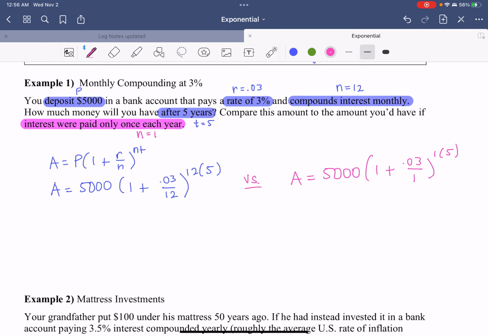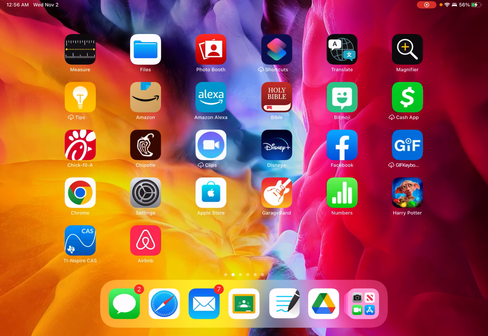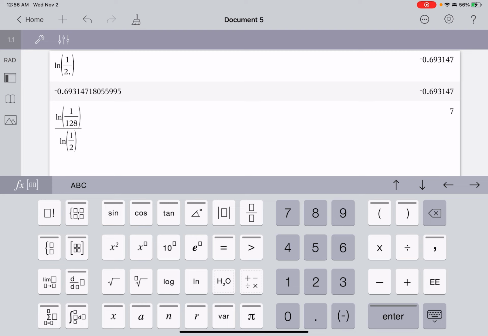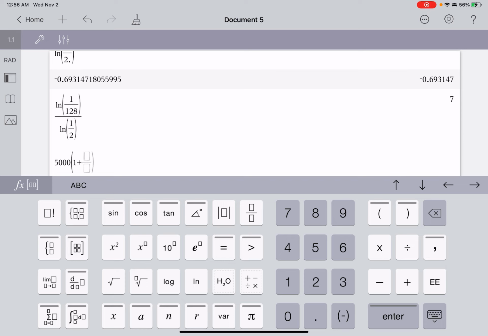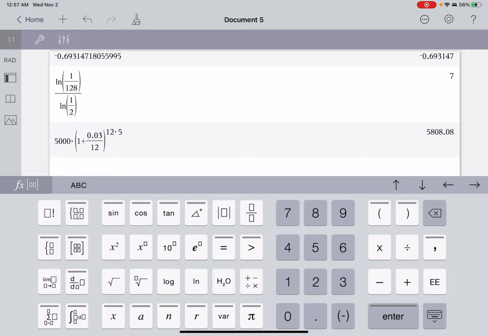I'm going to put these straight into the calculator. So we have 5,000 times 1 plus 0.03 over 12, to the power of 12 times 5. Press enter.